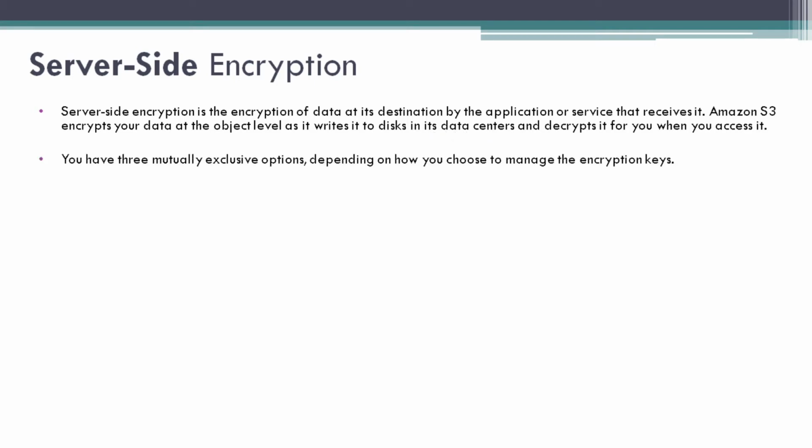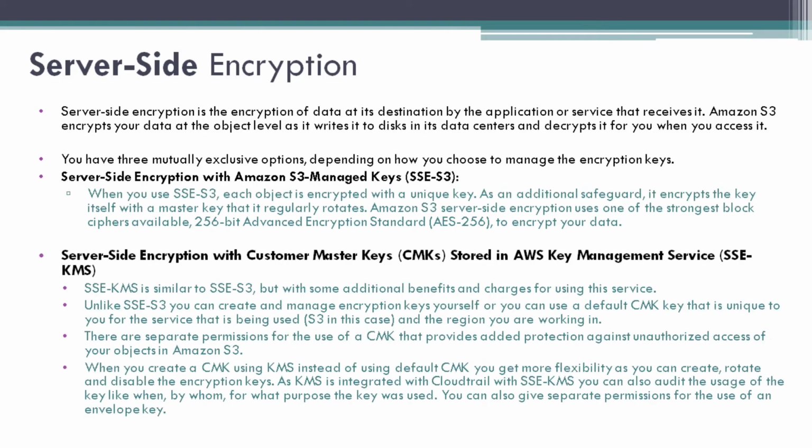So you have three mutually exclusive options depending on how you choose to manage the encryption keys. You have three options for server side encryption. First is SSE-S3, server side encryption with Amazon S3 managed keys. When you use SSE-S3, each object is encrypted with a unique key.